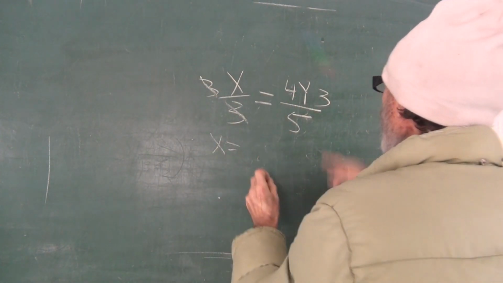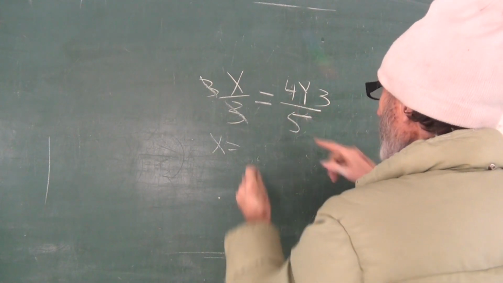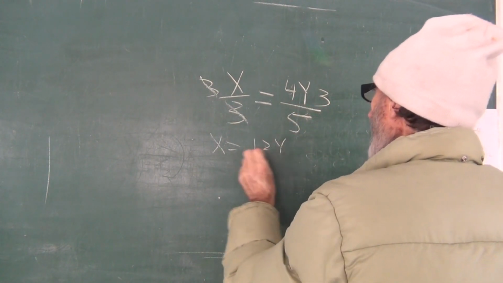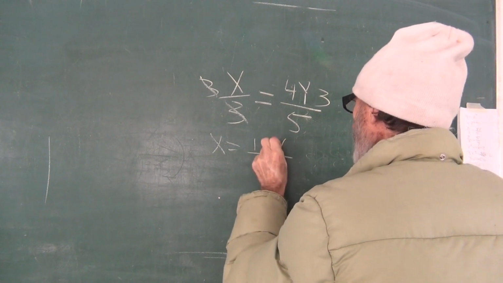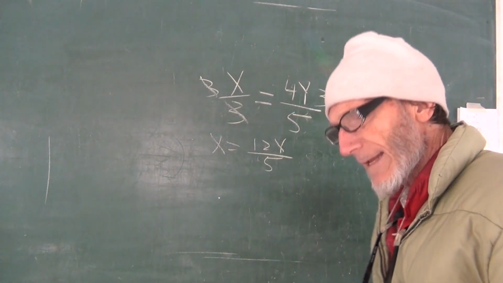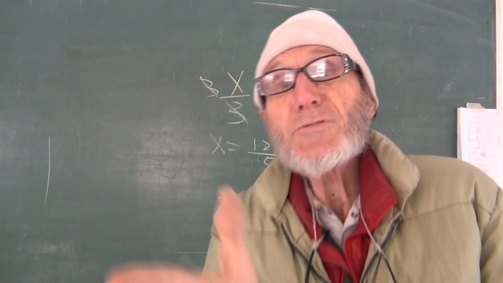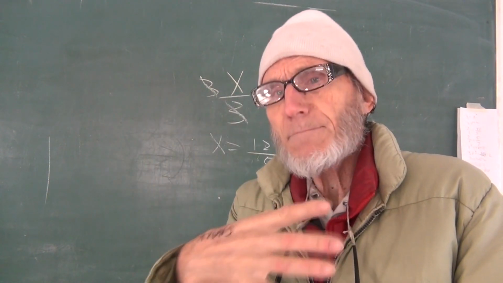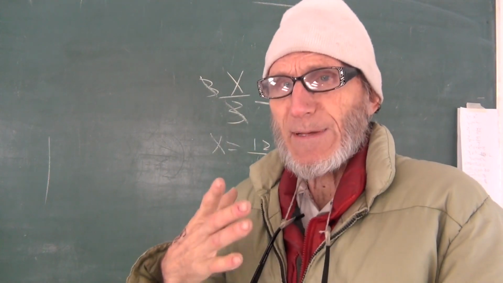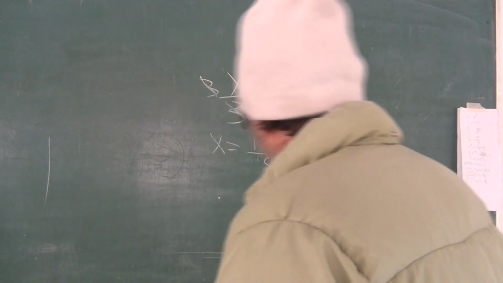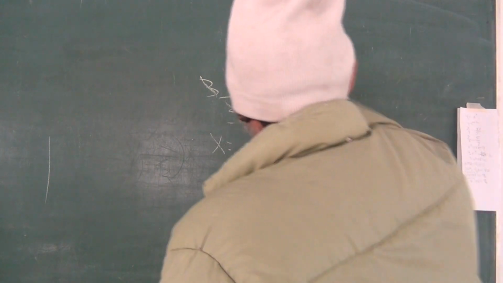X equals 4 times 3y, which equals 12y over 5. Now, what I would like you to do is stop each time I write a problem out. You solve it, and then make sure that you solve it the right way, because I always get things right. Okay, so let's continue here.